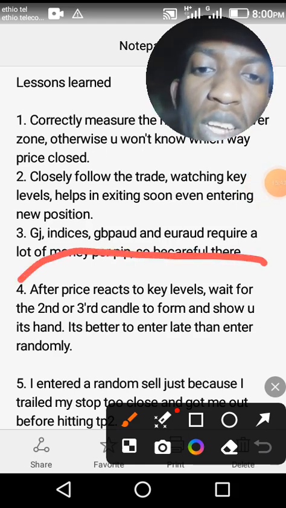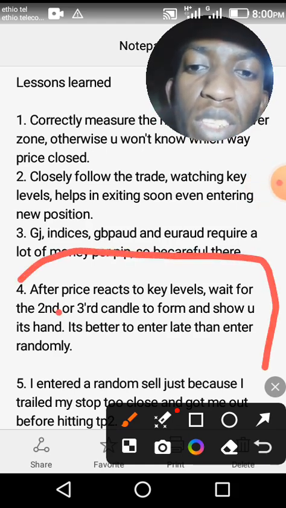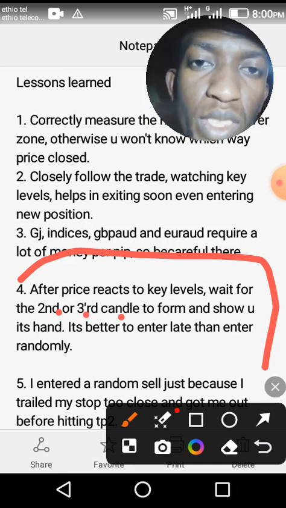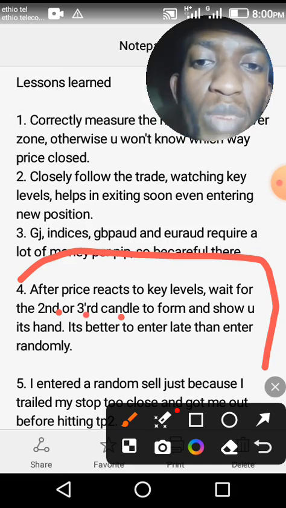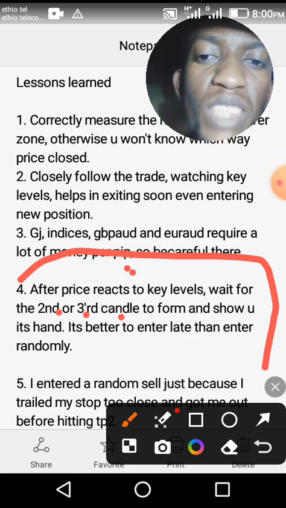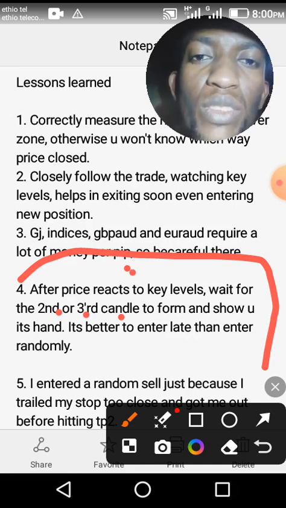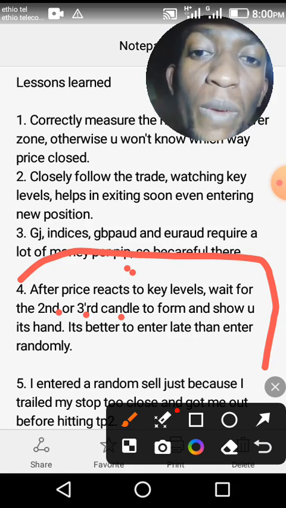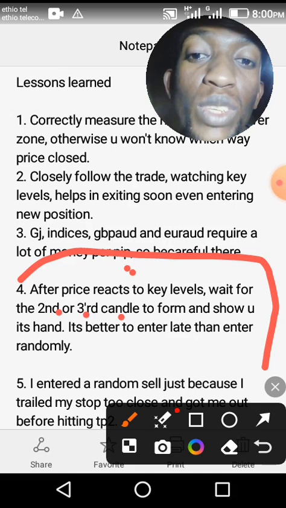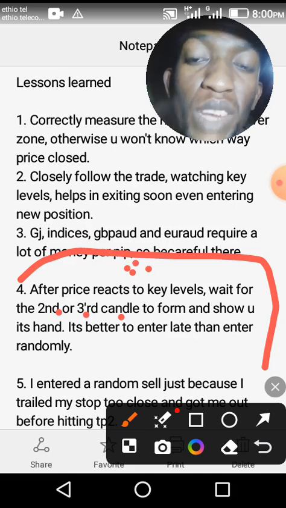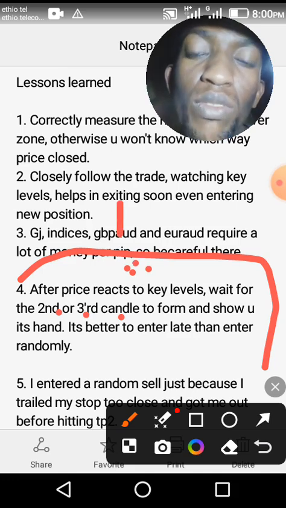After price reacts to key levels, wait for the third candle to form, right? Just because price rejected the key level doesn't mean that's an entry. At least wait for the second candle to form and see where the price wants to go. Wait for the second candle to close. After the first candle has reacted off of it, then the next candle forms, wait for it to trade.